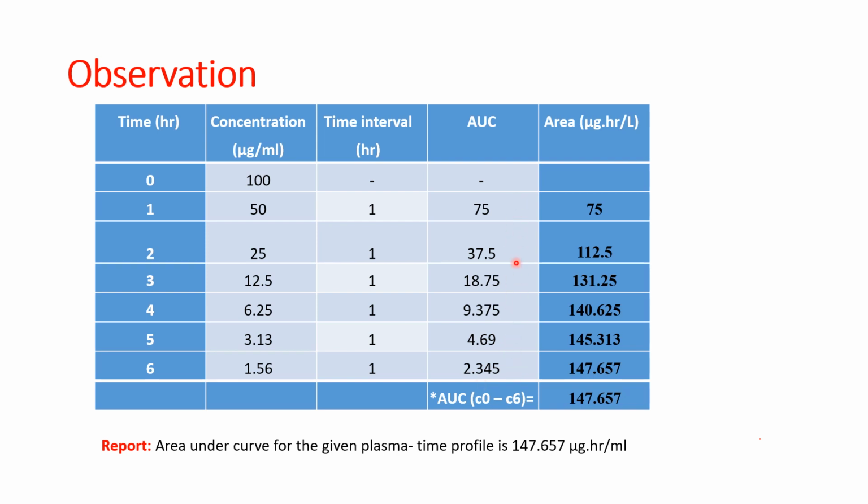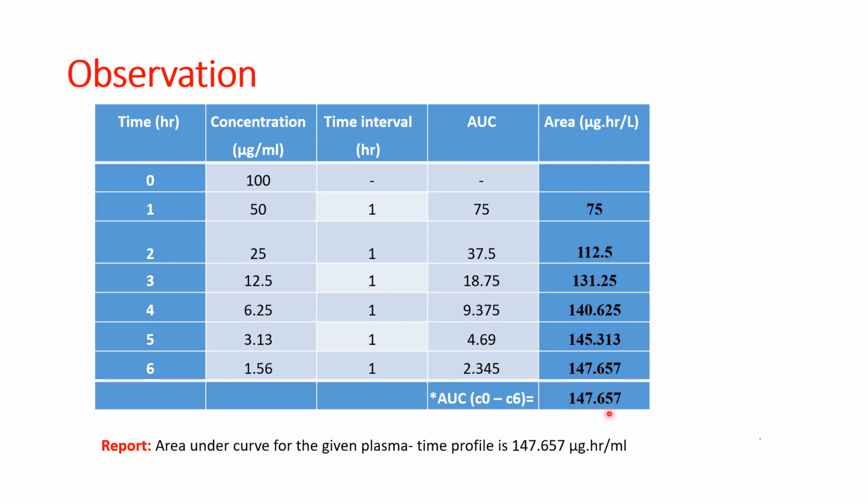Now we need to calculate the area under the curve of the entire plot. This 75 is only for one trapezoid, so in order to know the area under the curve of the entire plot, we need to add all of these. When you add them all, you will get the area under the curve as 147.657.